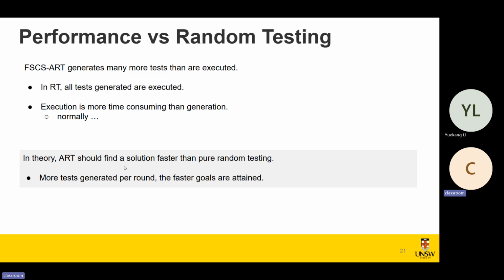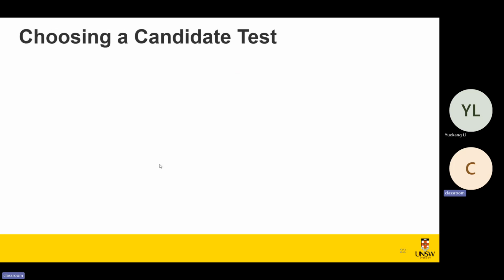And the second one is we are trying out some strategies that can promote the final diversity of our test suite. So these are the two reasons. And now let's come back to how we should deal with some of the decisions in this algorithm here.